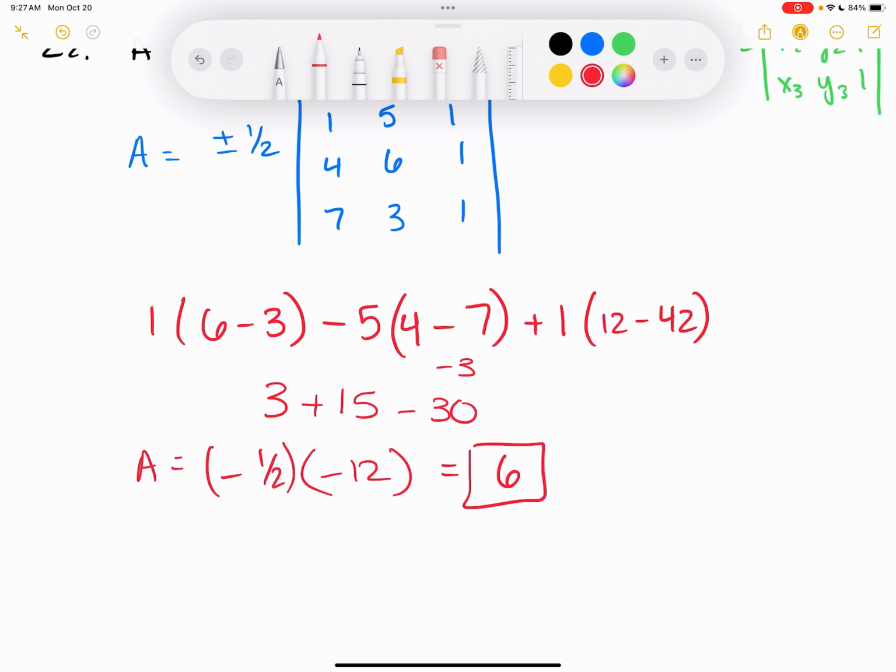All right, Cramer's rule. So this is definitely kind of a weird way to go about solving a system of linear equations.